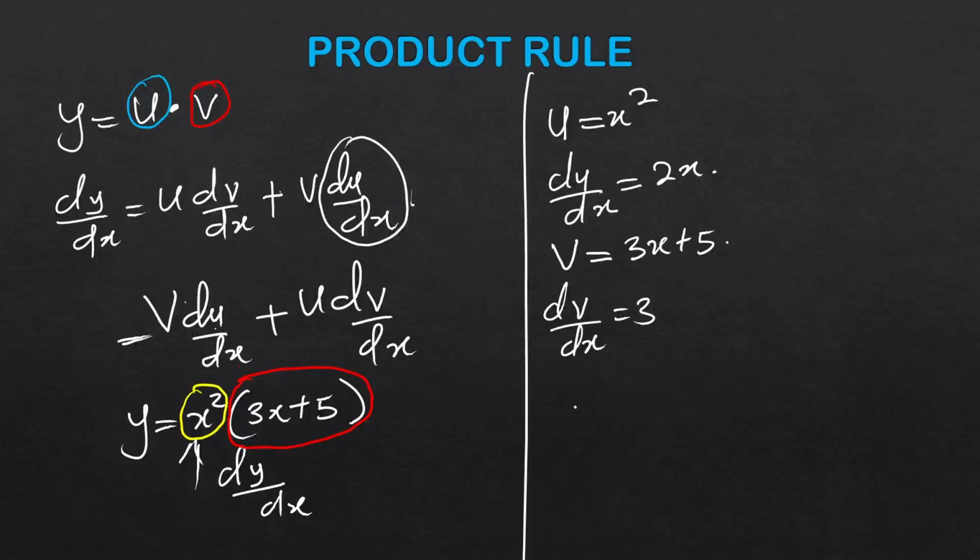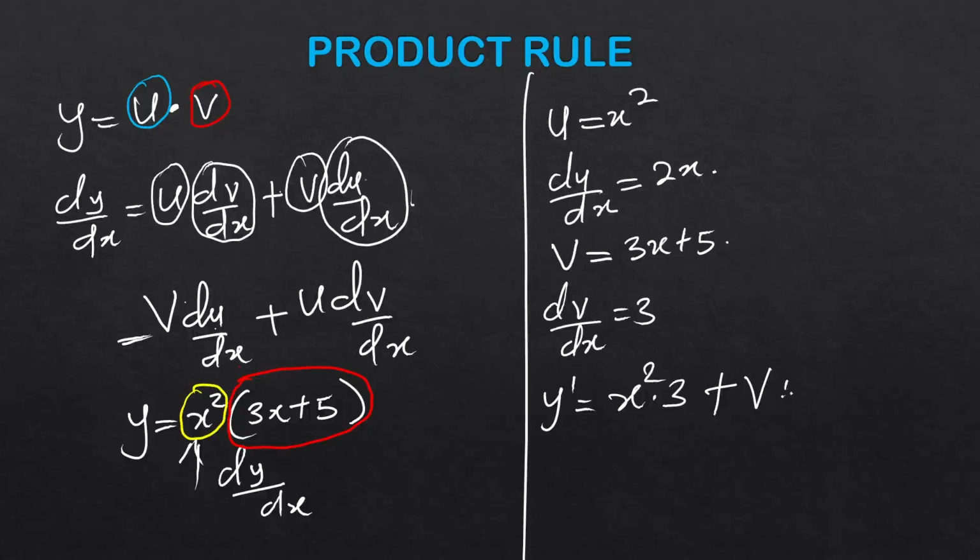So what I'm going to do is I will say that y prime, which is something like dy/dx, is equal to, first one is u, and the u is x squared, dot, the second one is dv/dx, and the dv/dx is 3, then plus. The second one here is v dot du/dx.